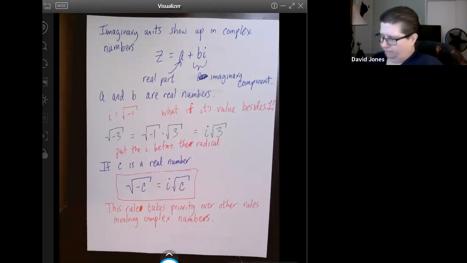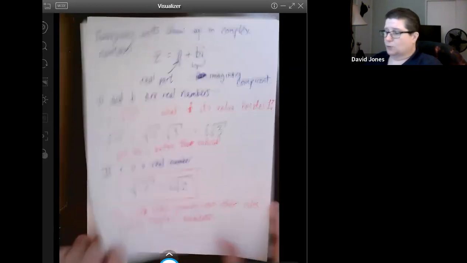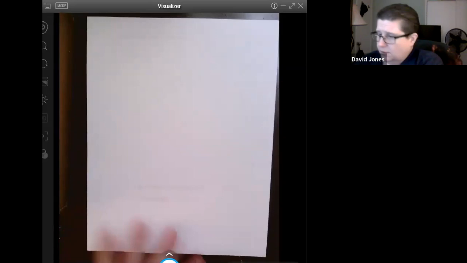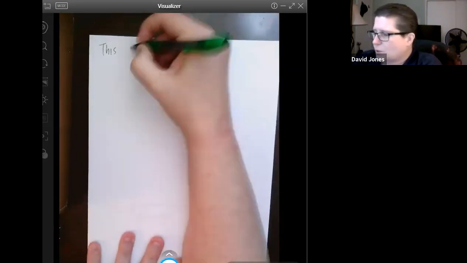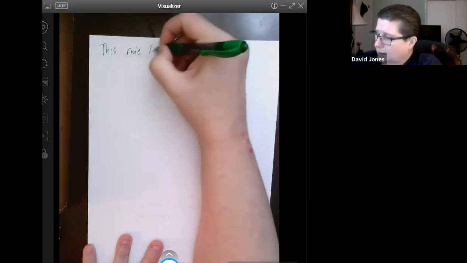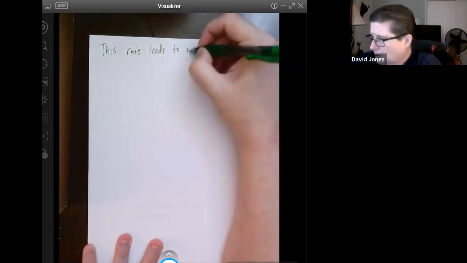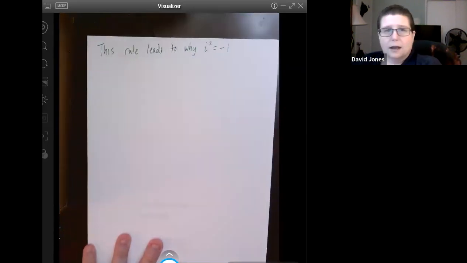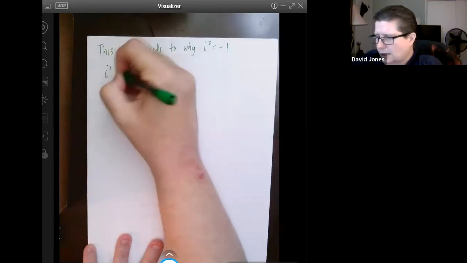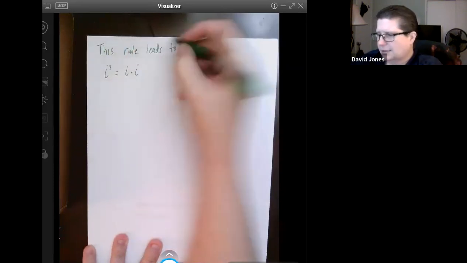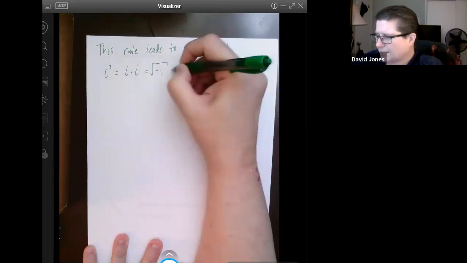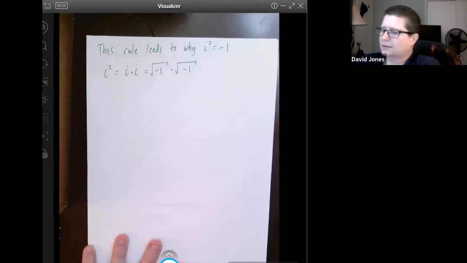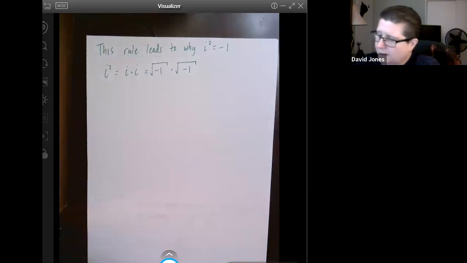Well, actually, let me show you now. This rule leads to i squared is -1. i squared is i times i, and i is the square root of -1 times another square root of -1.